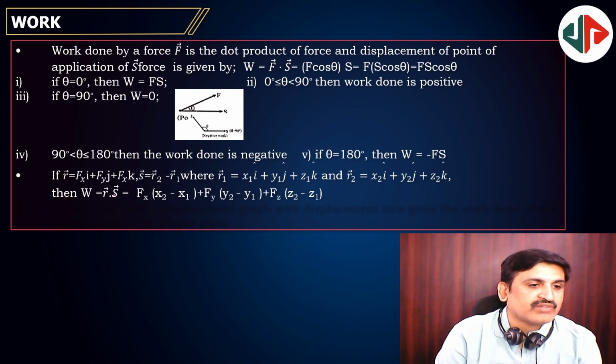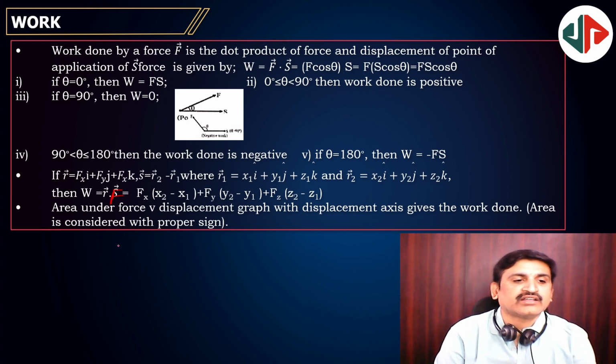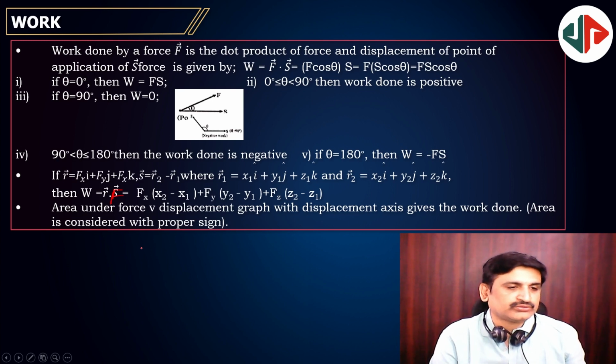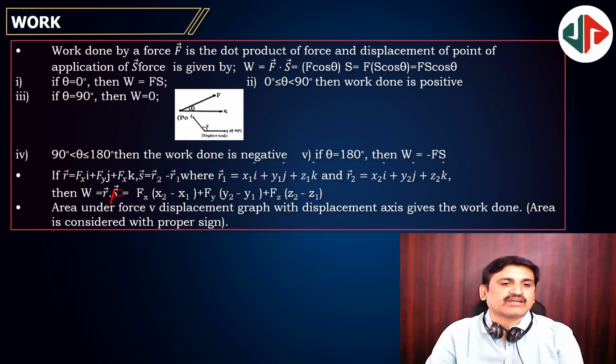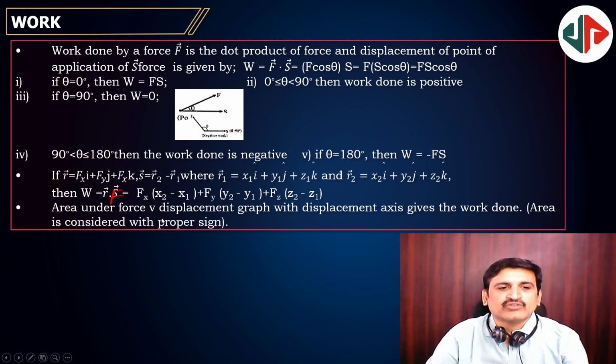Dot product is commutative, so r bar dot F bar or F bar dot r bar, both are the same. Next, area under the force and displacement graph gives work done by that force during that displacement interval.